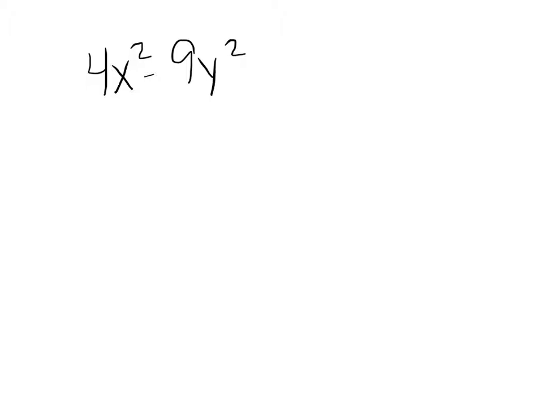So here's one with only two terms, and we just talked about differences of squares. Chances are it's a difference of squares. So I'm going to use my little difference of squares trick to solve this one. 4 is a perfect square, x squared is a perfect square, 9 is a perfect square, and y squared is a perfect square. There's a difference, so we can use our trick. I'm going to write my two parentheses out.